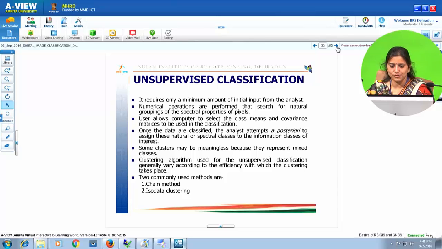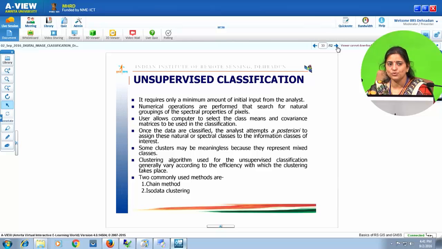The user allows the computer to select the class means and covariance matrices to be used in the classification. Once the data are classified, the analyst attempts a posteriori to assign the natural or spectral clusters to the information classes of interest. Some clusters may be meaningless because they represent mixed classes.